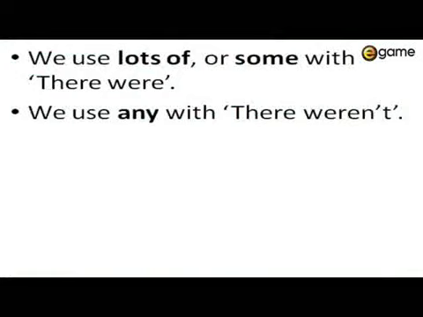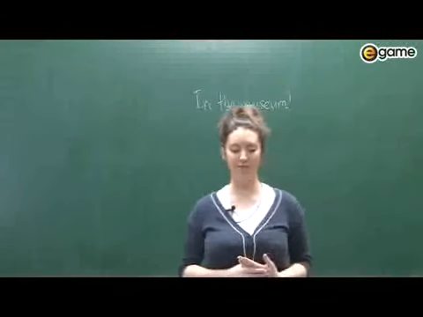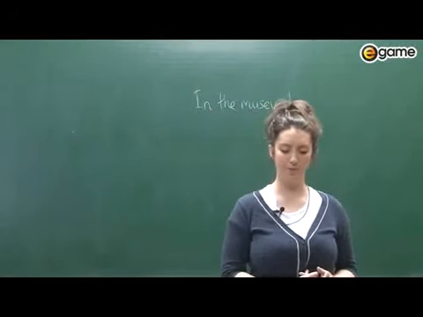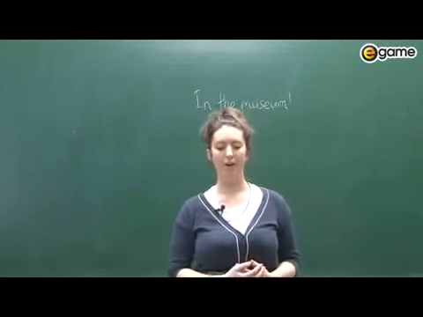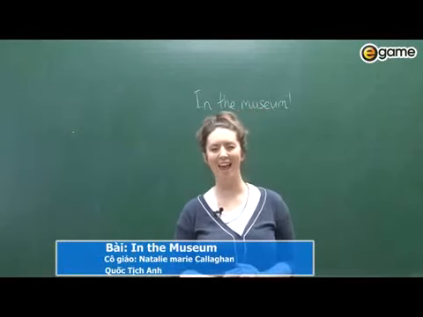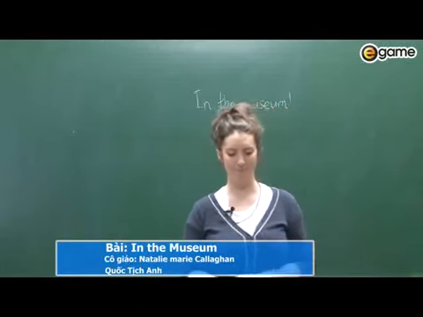We use lots of or some with there were. Because it's positive, we use lots of or some. There were. For there weren't, the negative, we use any. So there weren't any.